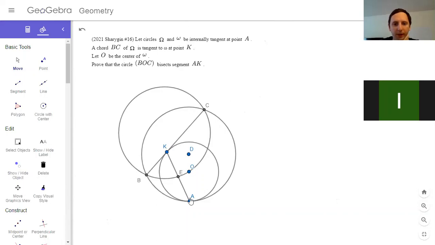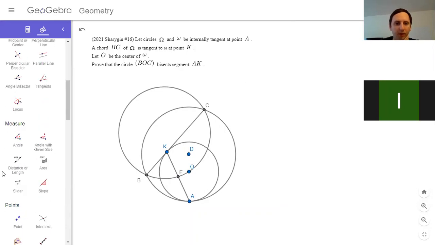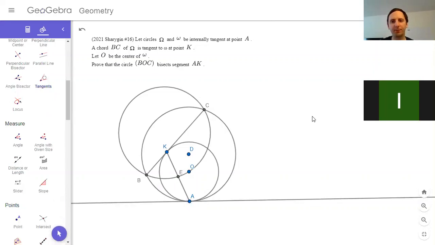So angle BKA is half of angle KOA. We want to show basically angle BKA is equal to angle KOE. So that's kind of like saying, maybe it might help to draw the other tangent. I don't know. You beat me to it.